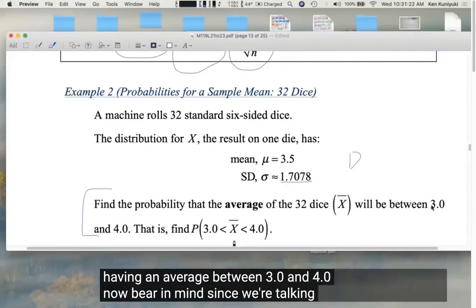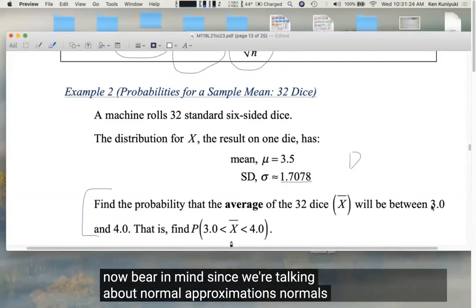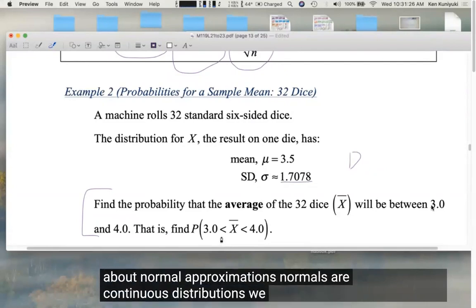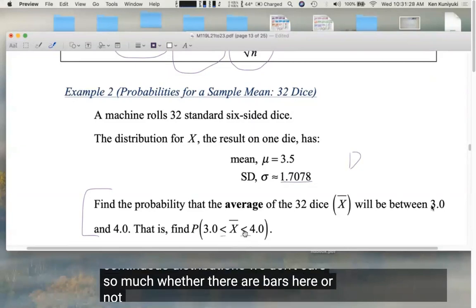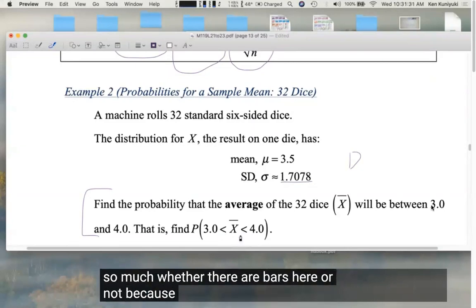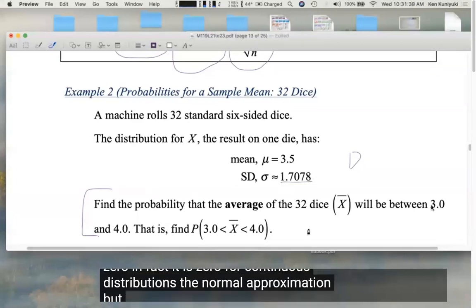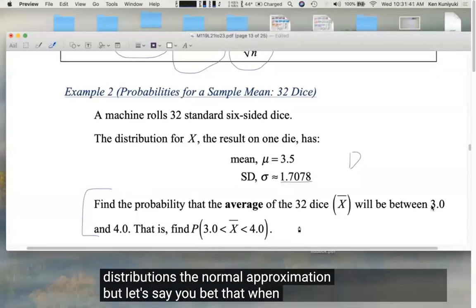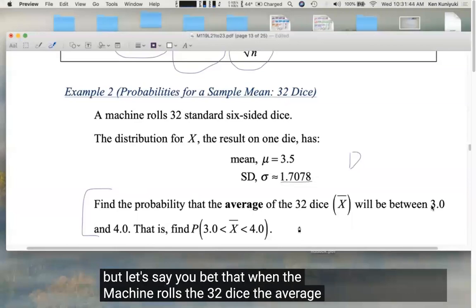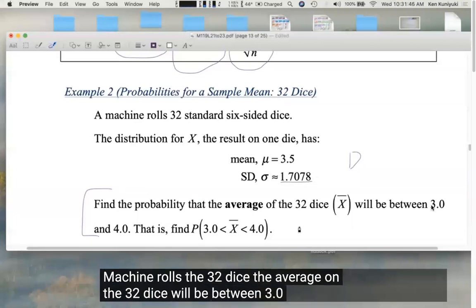Now, bear in mind, since we're talking about normal approximations, normals are continuous distributions, we don't care so much whether there are bars here or not, because the probability of getting these boundary values is so close to 0. In fact, it is 0 for continuous distributions, the normal approximation. But let's say you bet that when the machine rolls the 32 dice, the average will be between 3.0 and 4.0.